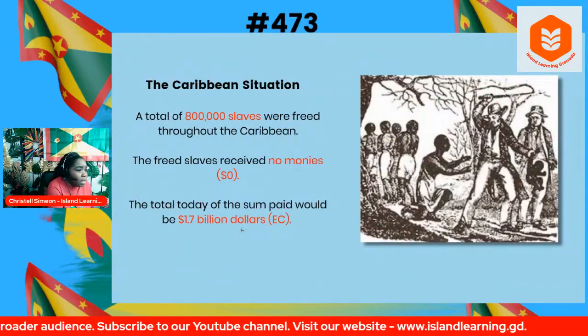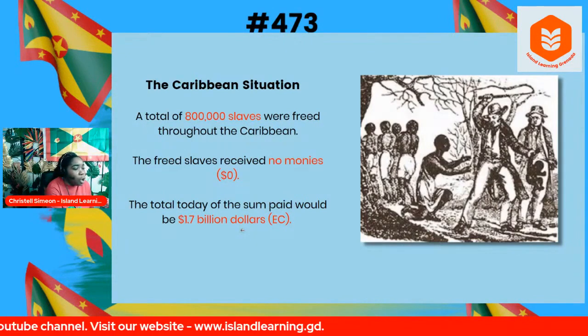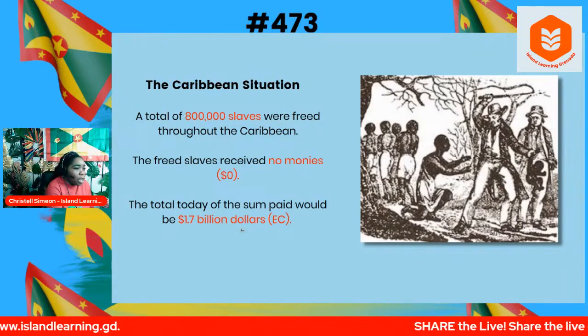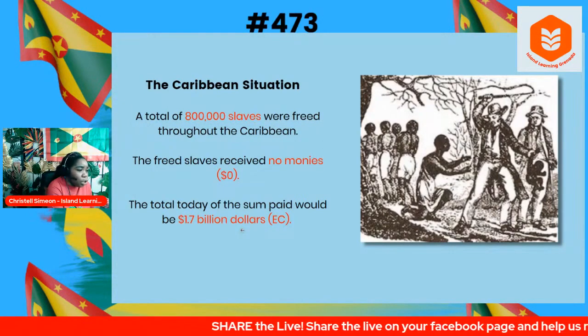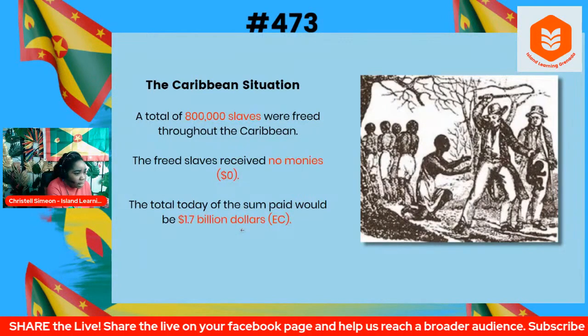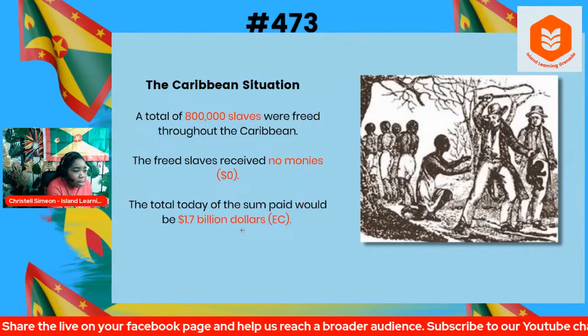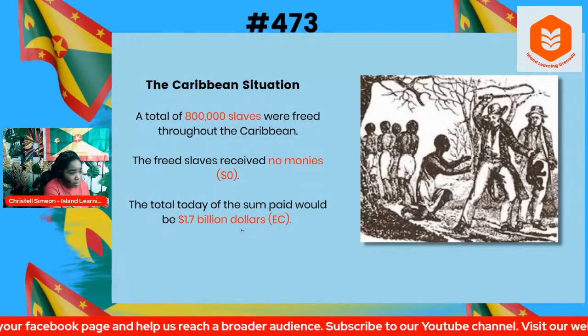It is estimated that a total of 800,000 slaves were freed throughout the Caribbean. So just under 1 million slaves got their freedom in 1838 when emancipation came into full effect. The freed slaves received no money.